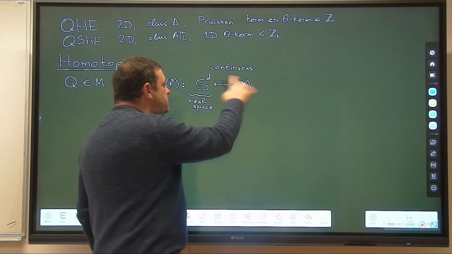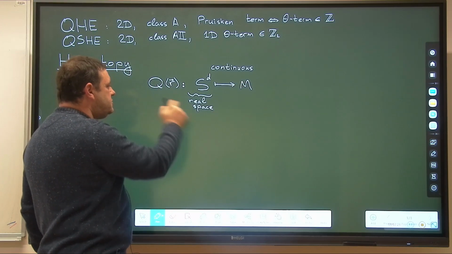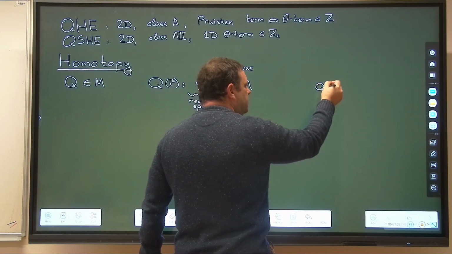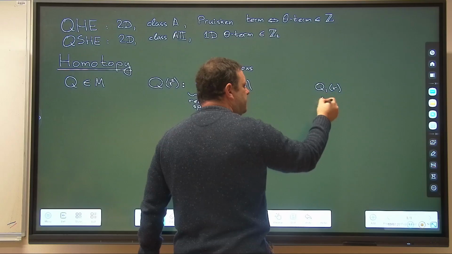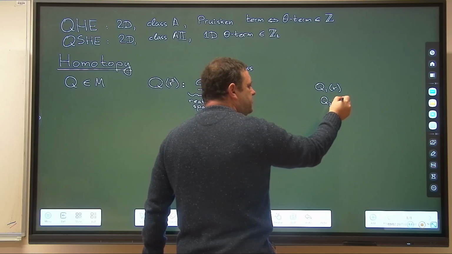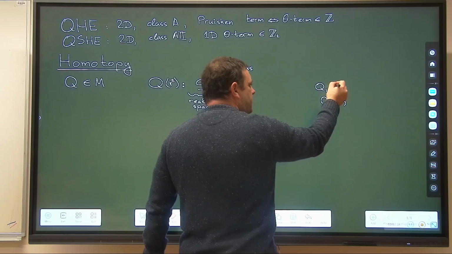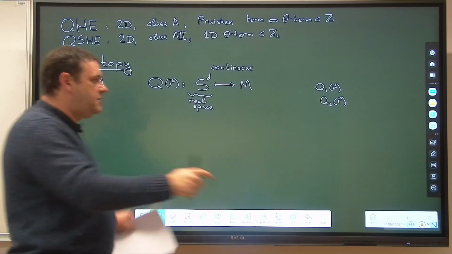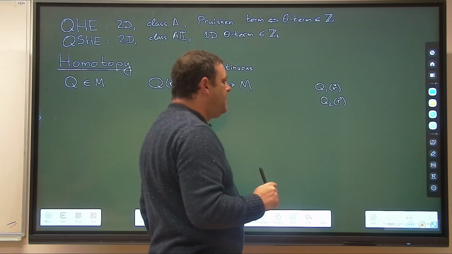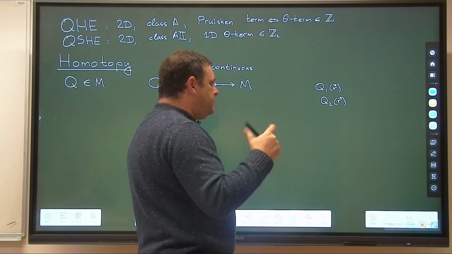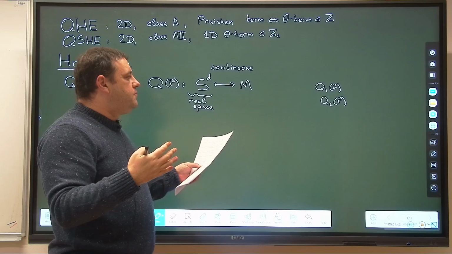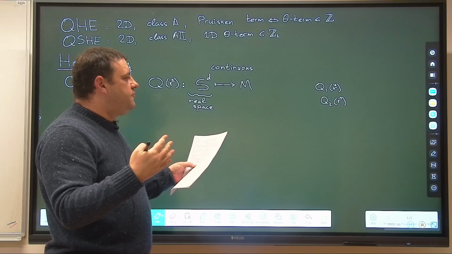If we have two different continuous maps, Q1 of R and Q2 of R, two configurations of the Q matrix, which map from the same real space to the same manifold, but they're different, I mean, they're two different functions, we can define the notion of equivalence.